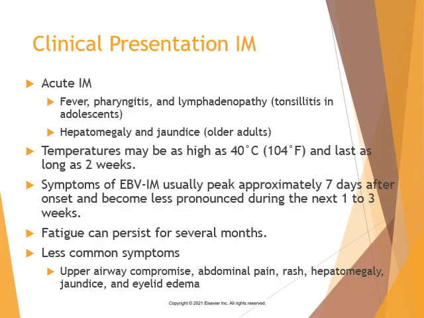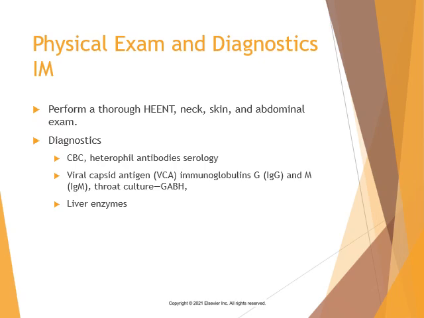Some things that can occur but are less common are upper airway compromise, abdominal pain, rash, hepatomegaly, jaundice, and eyelid edema, swelling of the eyelids. You would want to do a thorough head, eyes, ears, nose, and throat exam, neck, skin, and abdominal exam, again looking for that hepatomegaly.